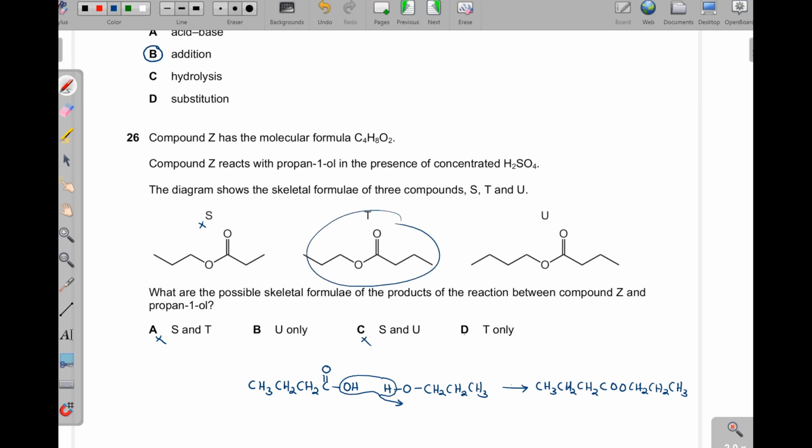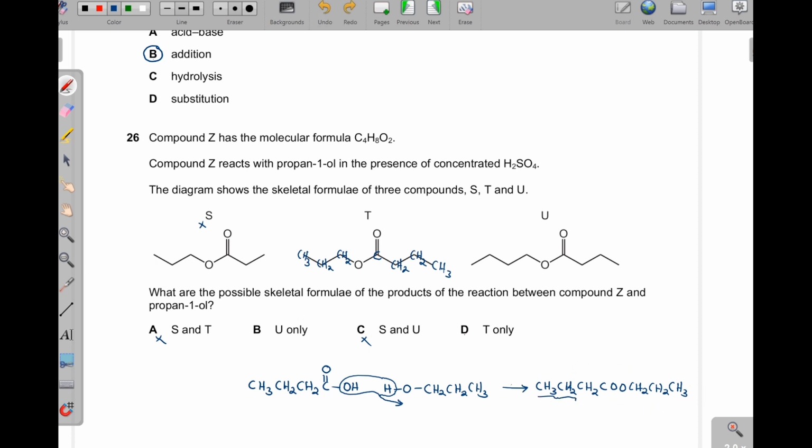Let's go to T. This is CH3, CH2, CH2, OH, that is coming from the propanol, yes. Then this is C, then OO. Then there is CH2, CH2, CH3. It is the exact thing here.